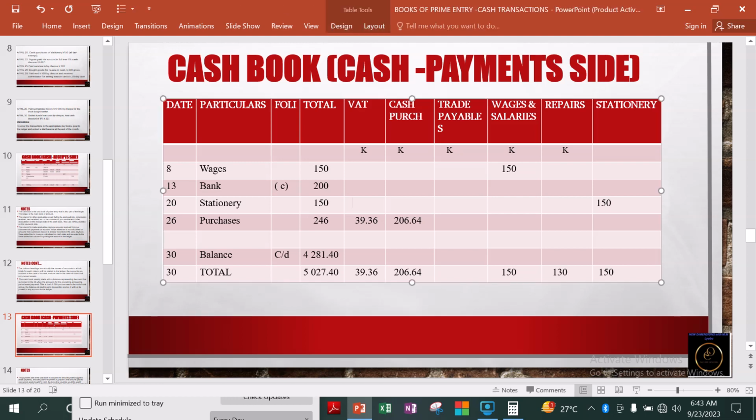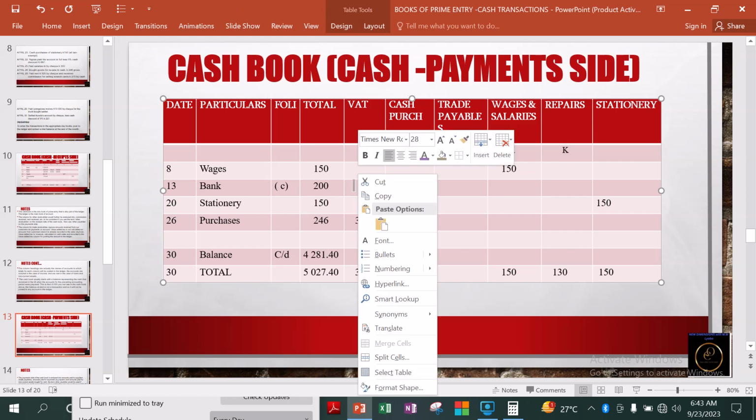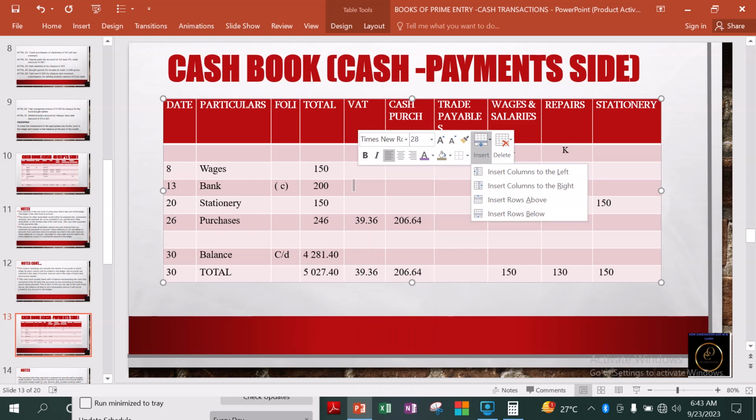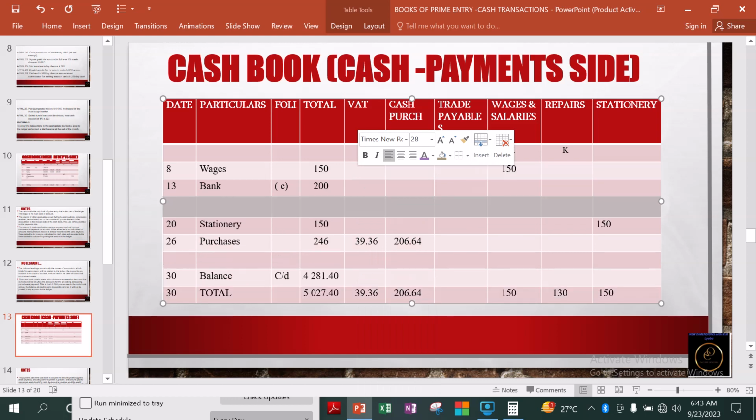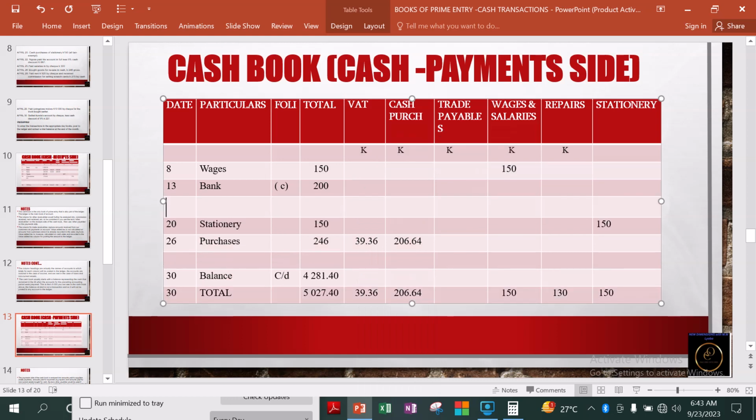So include it here. We include a row below, and then we include that this is the 14th.